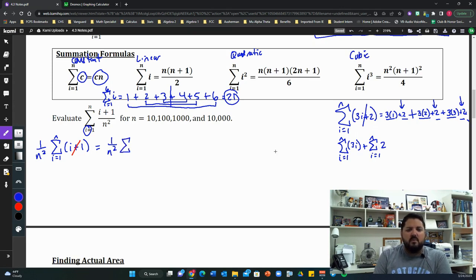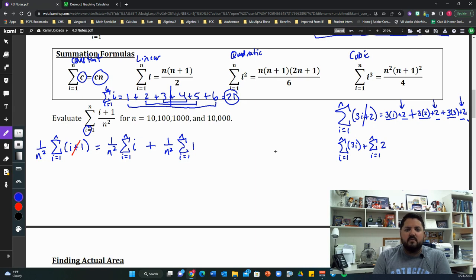So the first one would become 1 over n squared times the sum from i equals 1 to n of just i, plus 1 over n squared times the sum from i equals 1 to n of the second term, just a constant, 1.